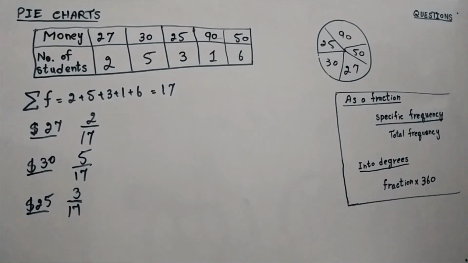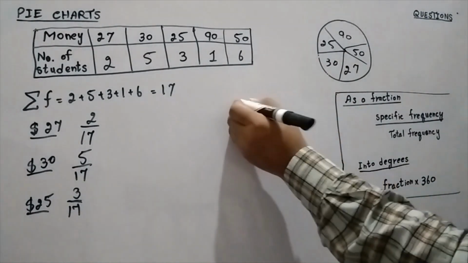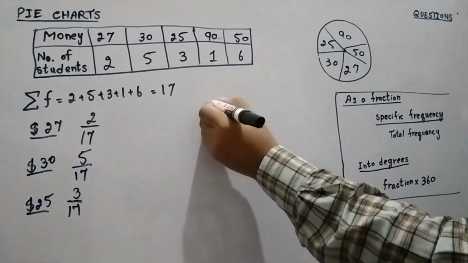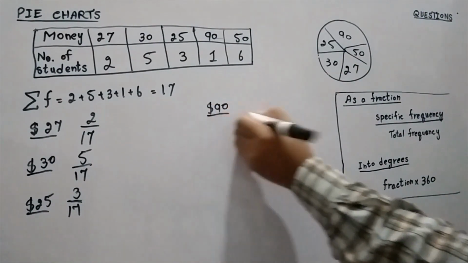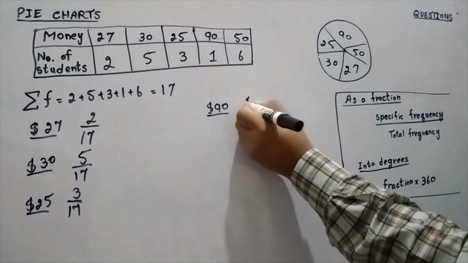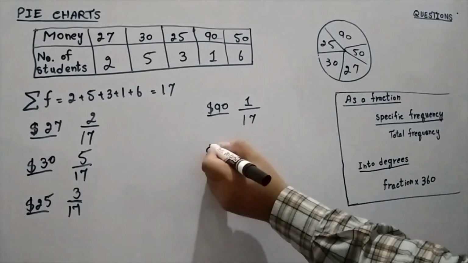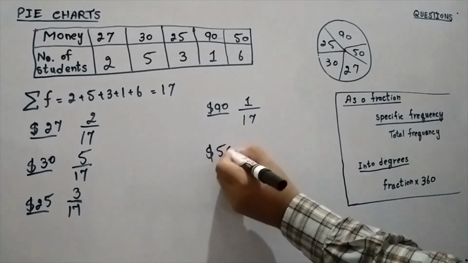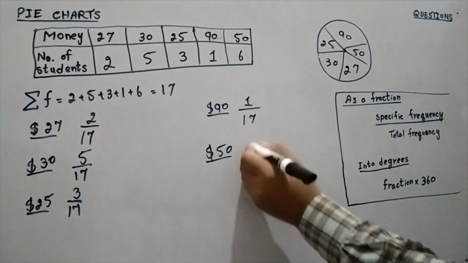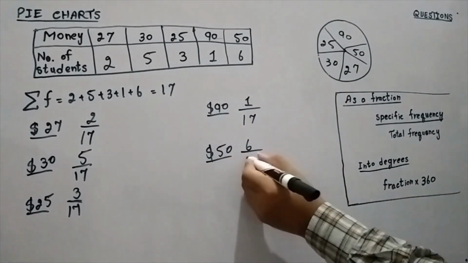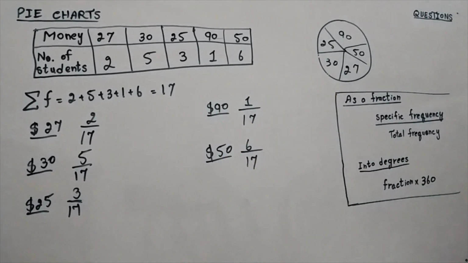Now next one we have $90. So here I will write for this frequency, 1 over total frequency which is 17. Now last we will do it for $50, so frequency is 6 and total frequency is 17.